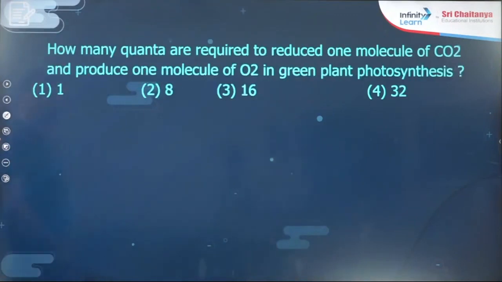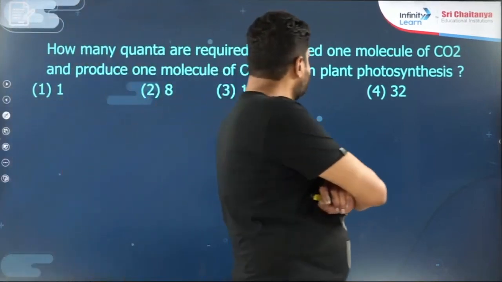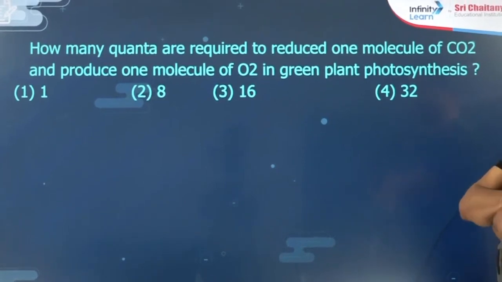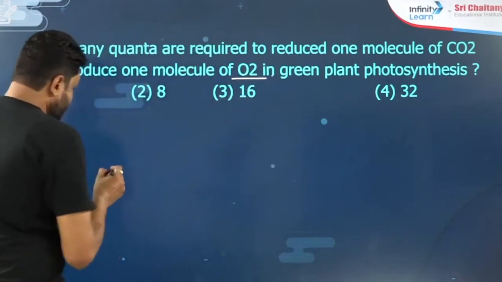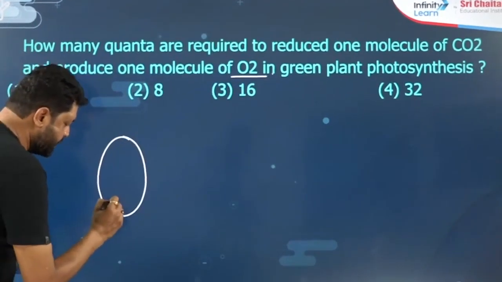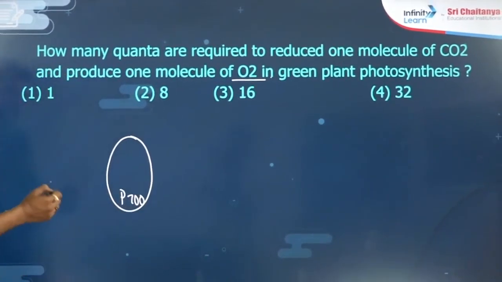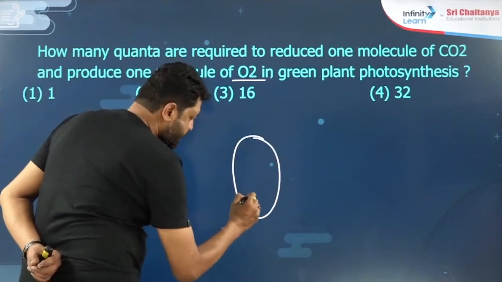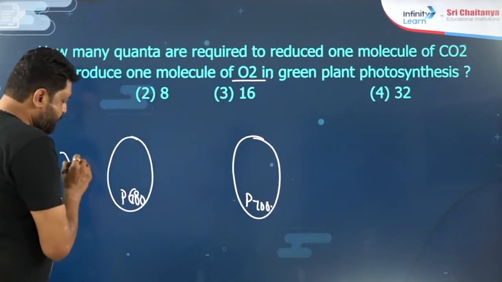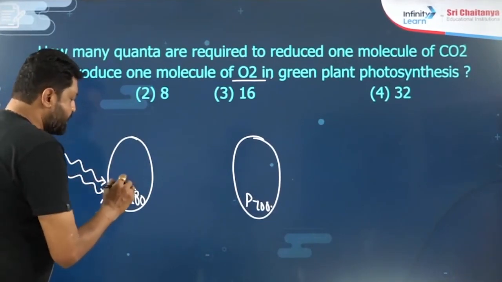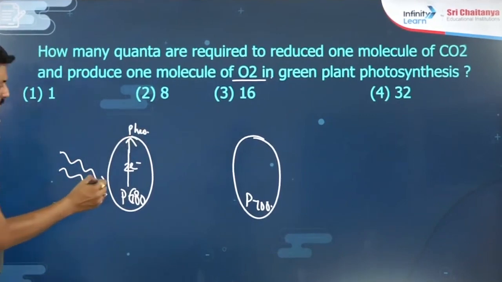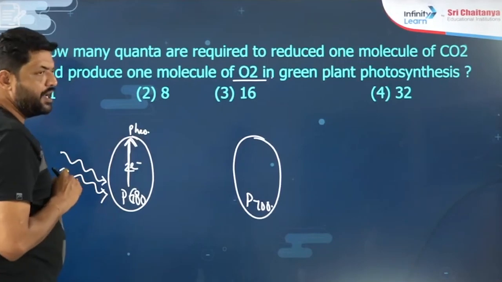Clear? The third question: how many quanta of light are required to reduce 1 molecule of CO2 and produce 1 molecule of O2 in green plants during photosynthesis? For 1 molecule of O2, you know very well, this is reaction center 1, that is P700, and this is reaction center P680. P700 will absorb 2 photons of light, and 2 electrons will be excited to the primary acceptor. This happens only when there is light, hence it is said to be uphill transport.